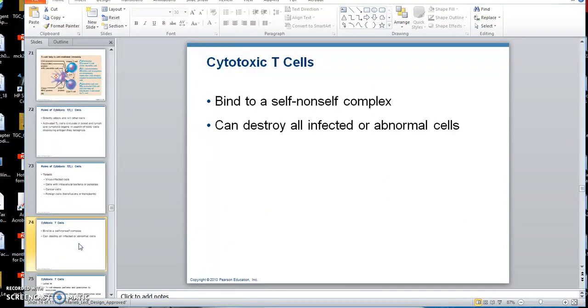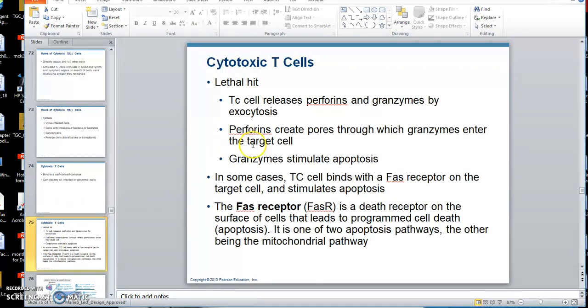Okay. That's the T cytotoxic. Perforins, granzyme. It can also turn on the FAS receptors inside a foreign cell because that makes apoptosis occur. The FAS receptor on a cell, if you turn it on, that cell will undergo apoptosis.